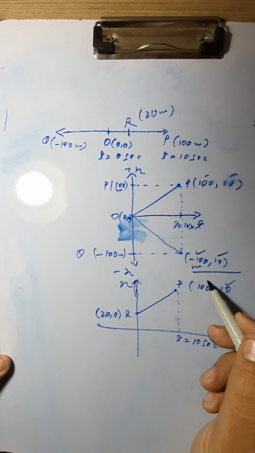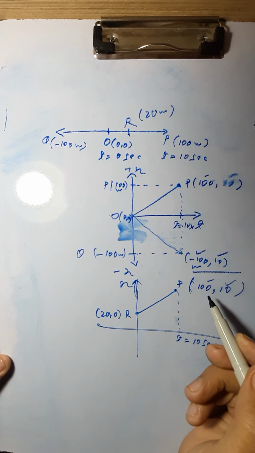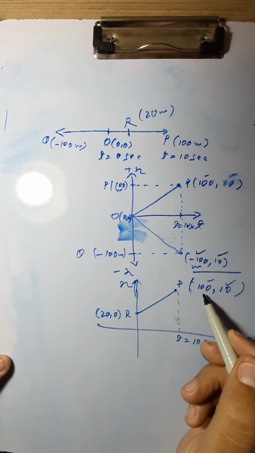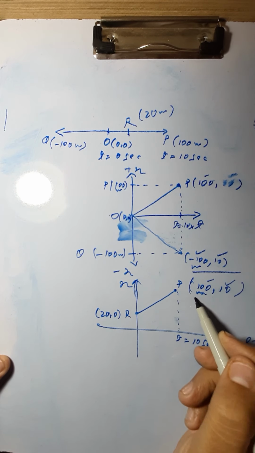At t equal to 10 seconds, the particle is at P, whose coordinate is 100 meter.